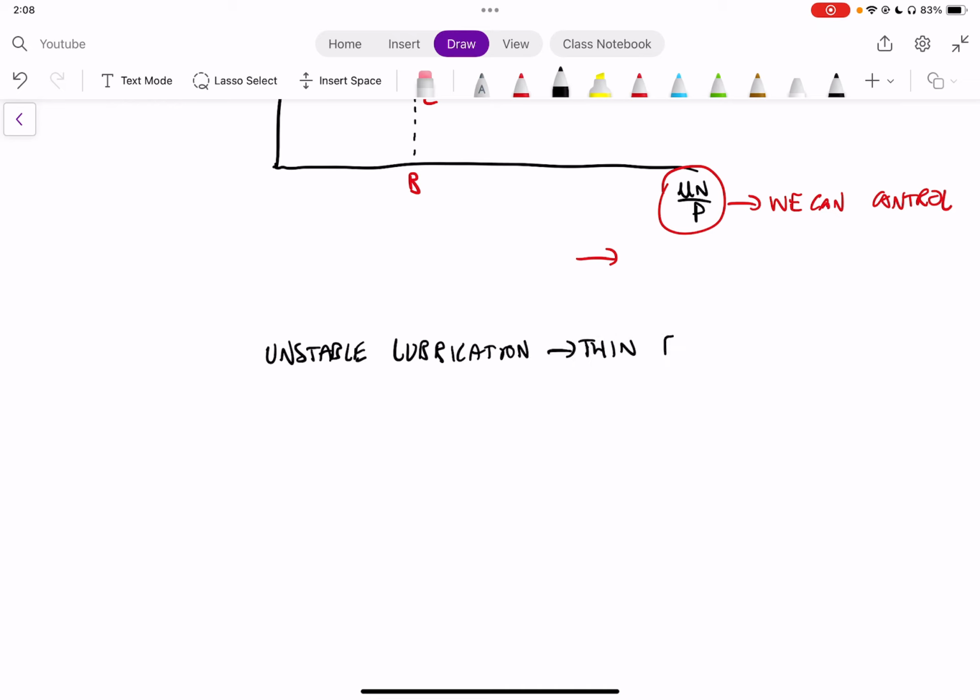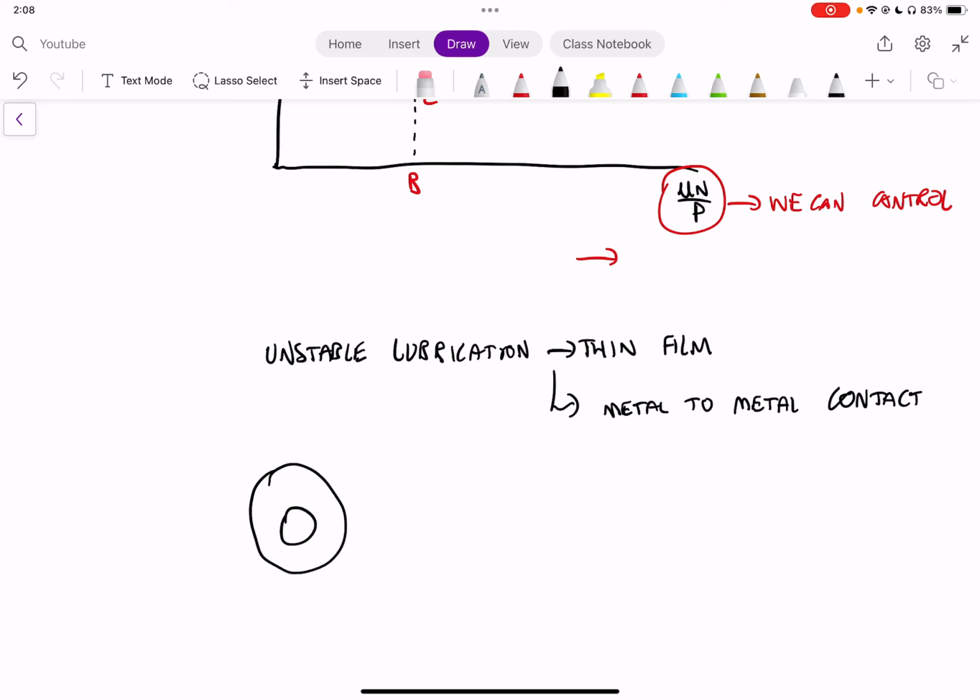We have a thin film, and what this thin film creates is metal-to-metal contact, which increases the friction a lot. Essentially, the fluid is not able to maintain our system in place in the center. What happens is essentially our journal and our bushing, over-exaggerated obviously, are going to be touching on the surface, and this bushing is going to be moving in all directions and not really staying centered enough.